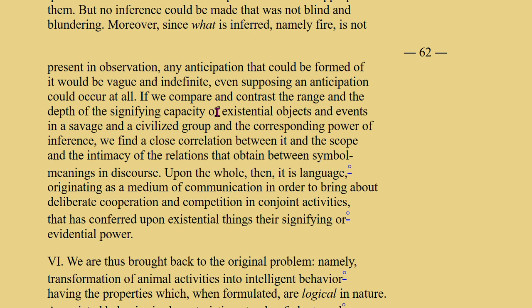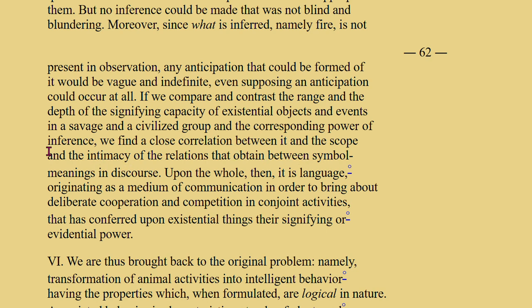So looking at what the significances of objects and events are in these two different kinds of groups, and what kinds of inferences each is able to make, right? The corresponding power of inference, so how well are they able to make inferences from existential things? He says that we find a close correlation between this power of inference and the scope and the intimacy of the relations that obtain between symbol meanings in discourse.